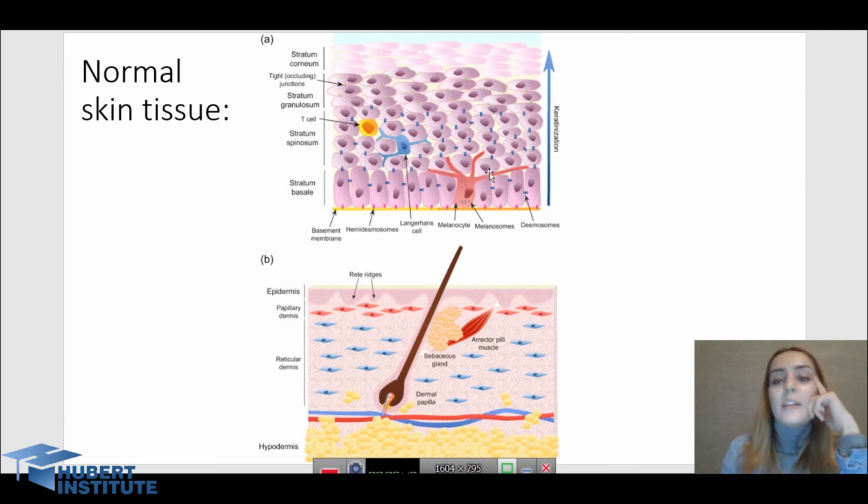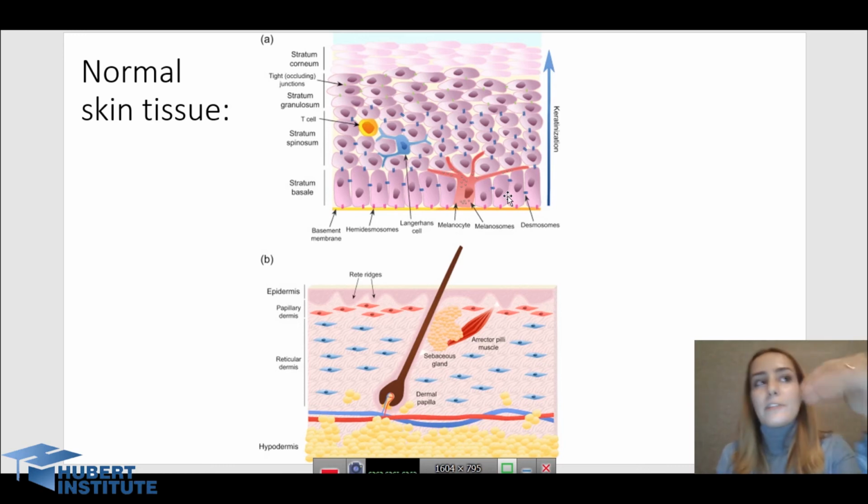Another cell here is the melanocyte. Melanocytes are in between stratum basalis cells. They produce melanosomes, which are what make the color of your skin. People with different skin coloration all have the same number of melanocytes, but these melanocytes produce different amounts of melanosomes.